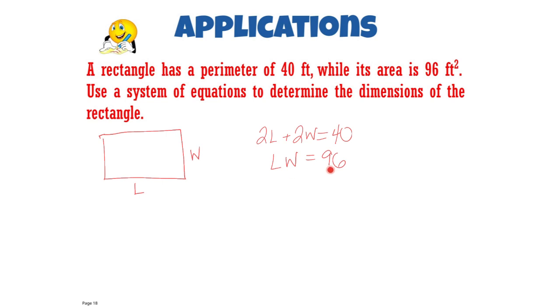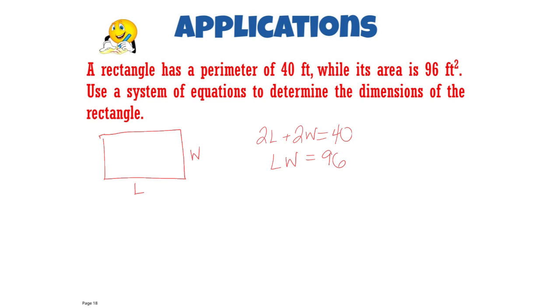So if you don't like that, another option, you could isolate one of these variables. That wouldn't play out too bad. And then you could plug it in over here. Last time we did the division, so I'm going to show you how to do it if you do the other direction. So I don't know, for no particular reason, I'm going to isolate the L in that top equation.